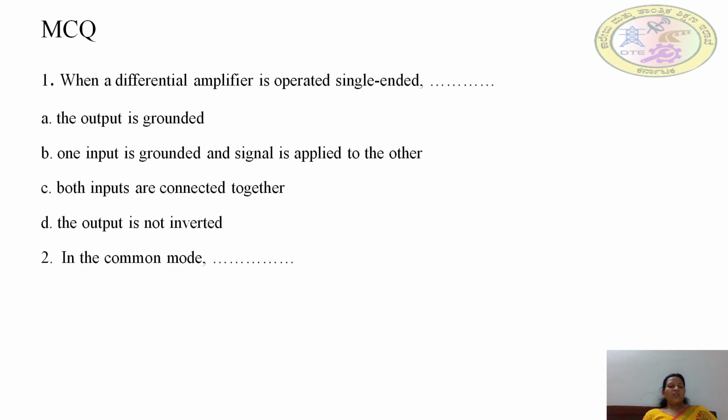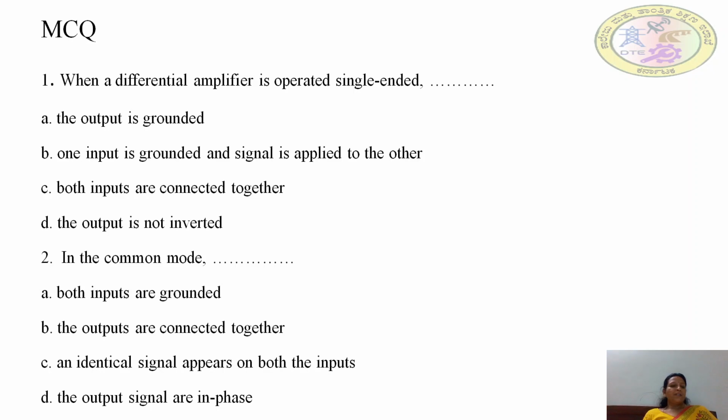So the second question is, in common mode. Common mode means what? Let's look into the options. Both inputs are grounded. The outputs are connected together. An identical signal appears on both the inputs. Option D, the output signals are in phase.